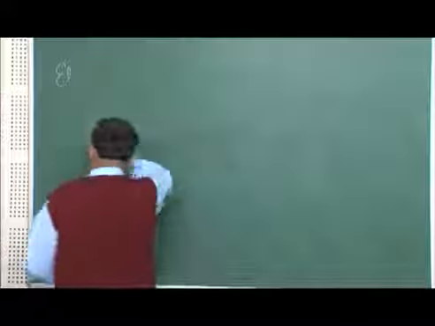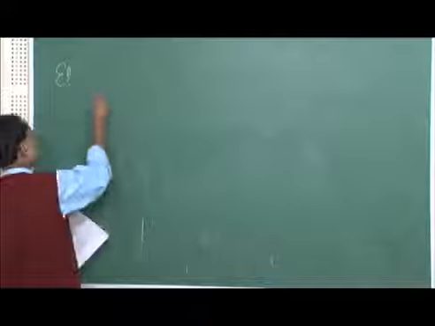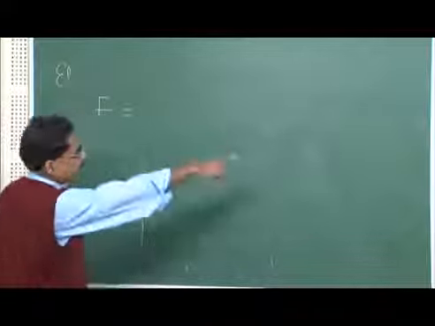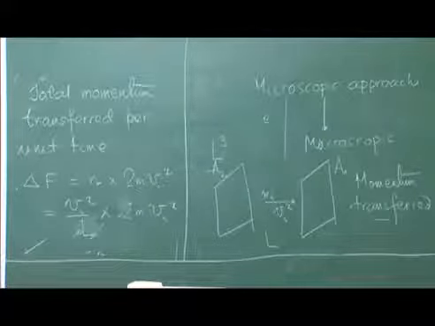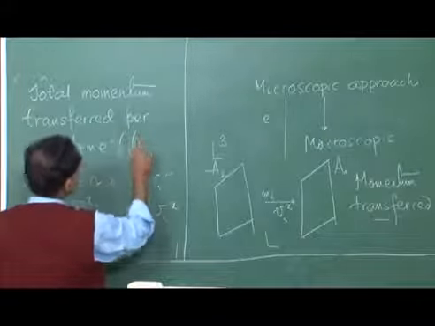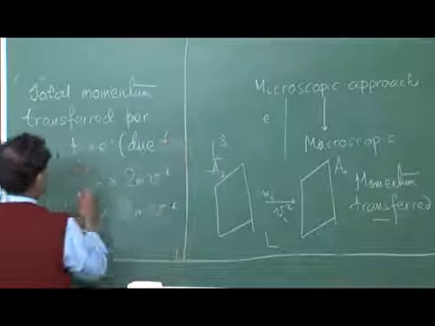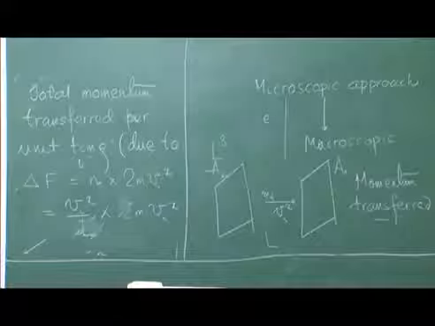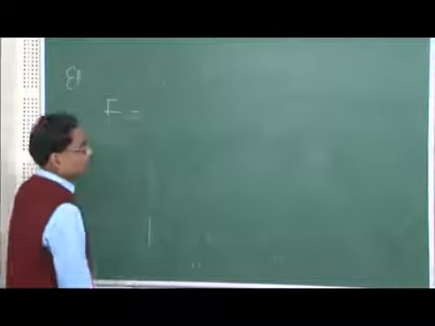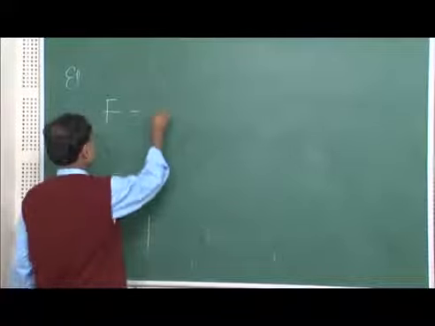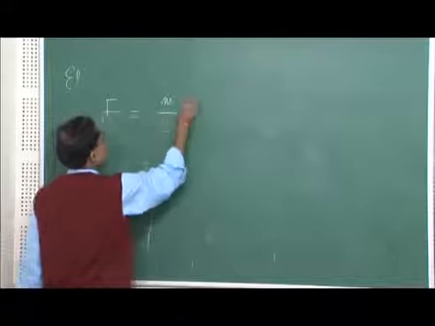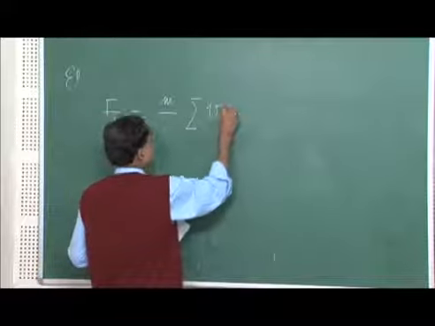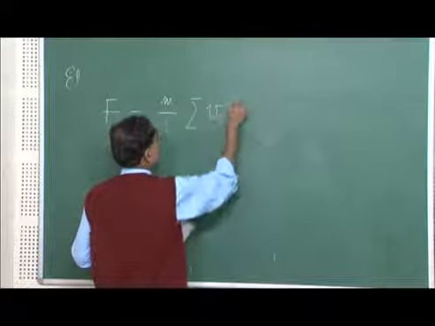So, now what is F? The total momentum transfer per unit time, here due to molecule i, and the total momentum transfer for all such i's will be given by m over L times the sum over i of Vix squared.